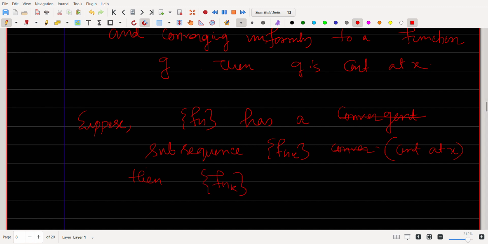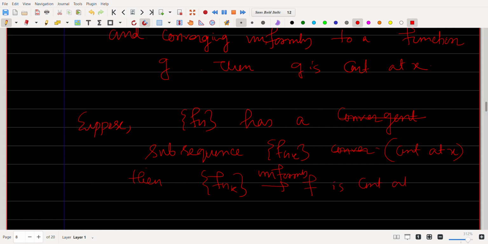Then since f_n converges uniformly to f, that means f_{n_k} converges uniformly to f, and we can consider f_{n_k} to be a sequence, and since f_{n_k} is continuous at x, that will imply f is continuous at x.